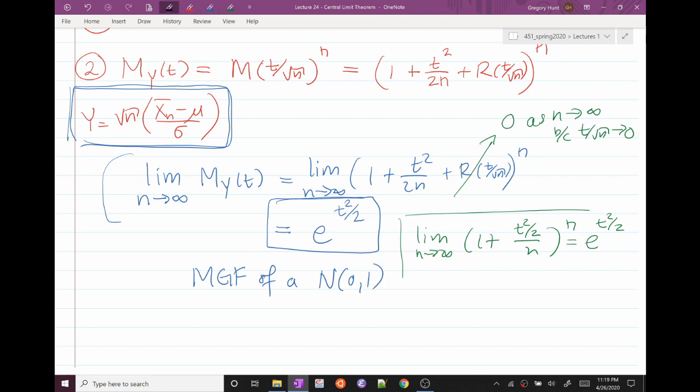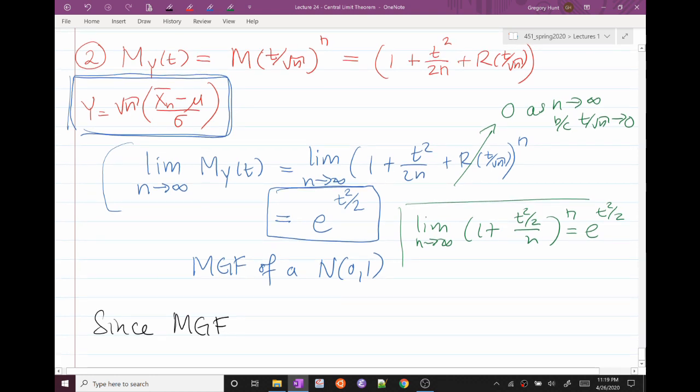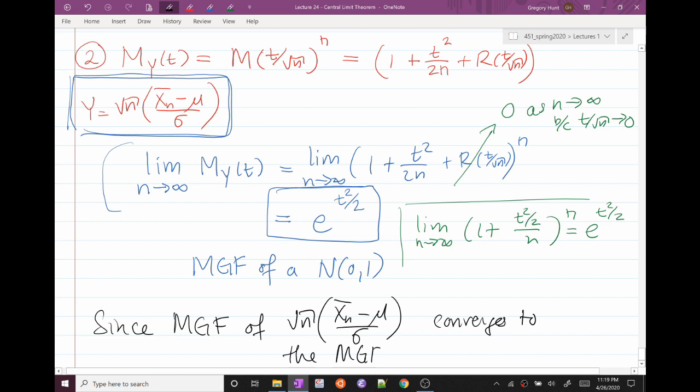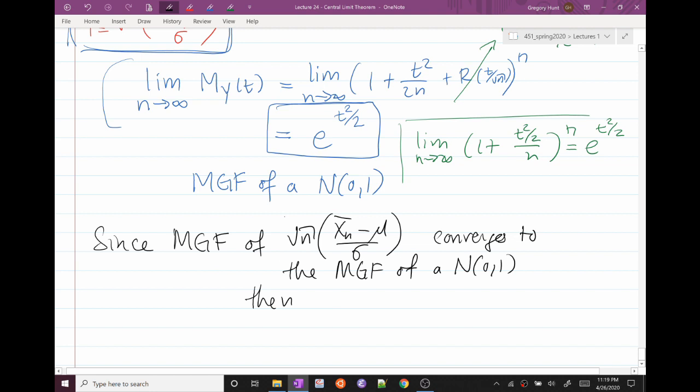And since the MGF of this thing, which is what we've just shown, X n bar minus mu over sigma, converges to the MGF of a normal 0, 1, then we're going to say the CDFs also converge.